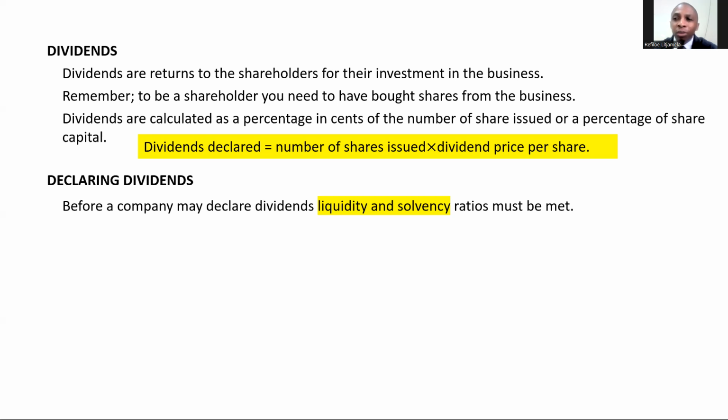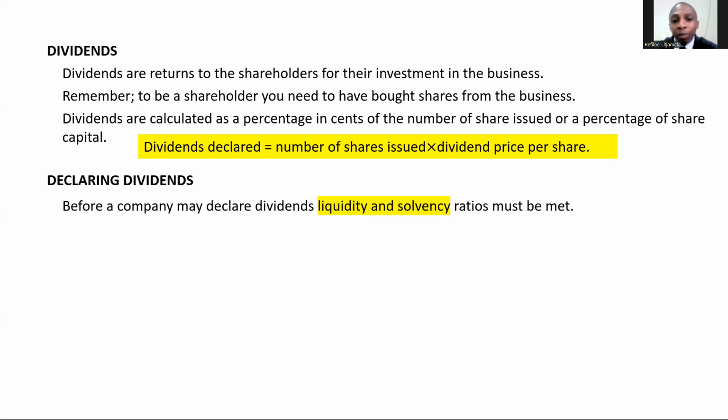Immediately when you declare dividends, you are creating a liability on the part of the company, because you are required to perform your duty, which is to pay the shareholders. So when you declare dividends, you are creating a current liability where you are simply promising shareholders to pay them dividends within a period of 12 months. That is why when we declare dividends and don't pay them, we recognize that as a current liability in trade and other payables.